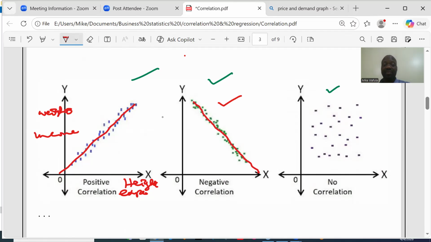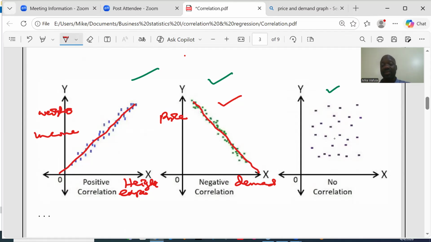A good example could be the price of a commodity and the quantity demanded. You can see the price is low when the quantity demanded is high. So that's a good example of two variables that are negatively correlated.